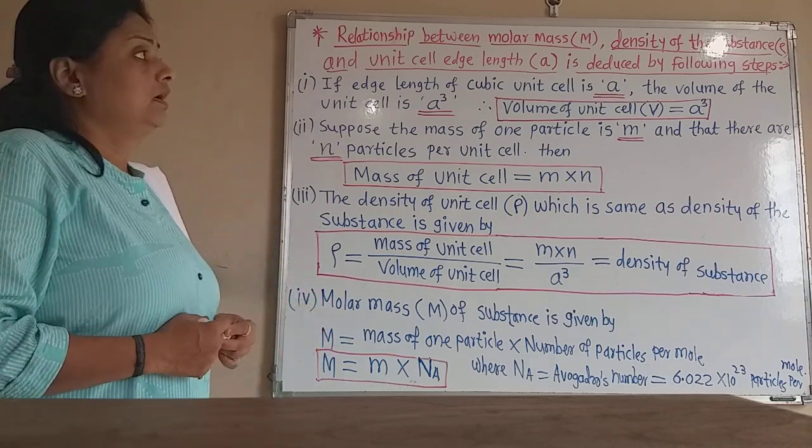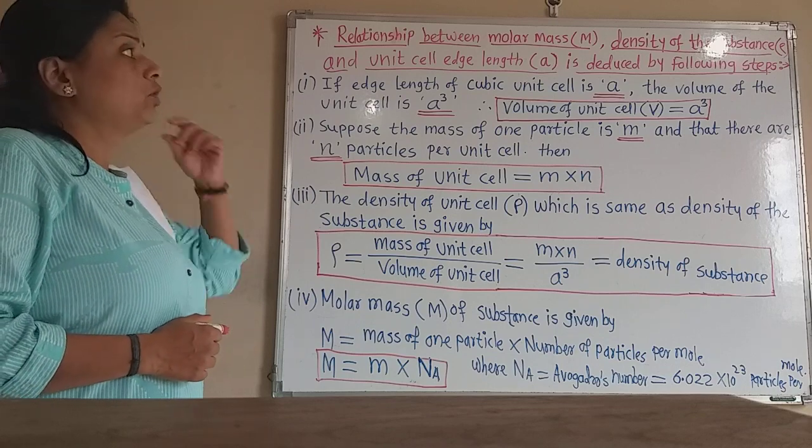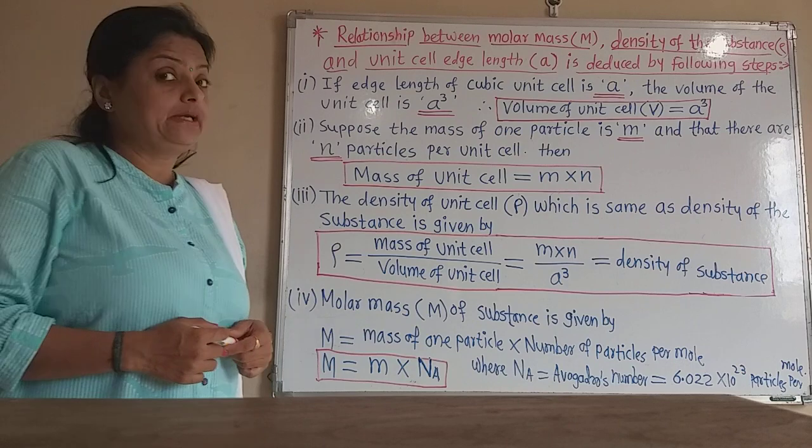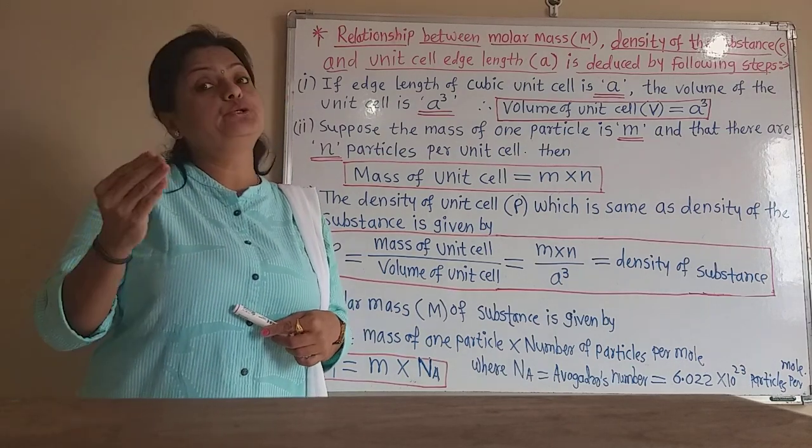Now if the edge length of the cubic unit cell is a, then the volume is calculated as length into breadth into height.